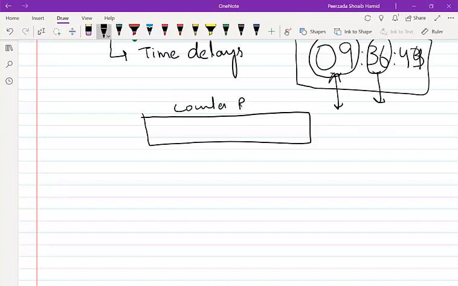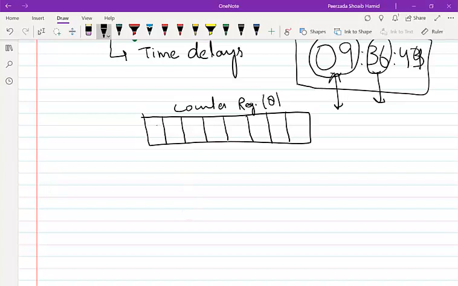A counter register is a register, maybe 8 bits, maybe 16 bits. Let's assume it's an 8-bit register for now. And this register auto increments itself.